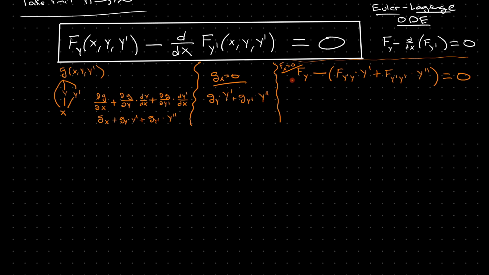And so if we multiply this entire expression by y prime, we get the following expression: y prime times f_y minus f_{y'y} times y prime squared plus or minus f_{y'} y double prime times y prime.